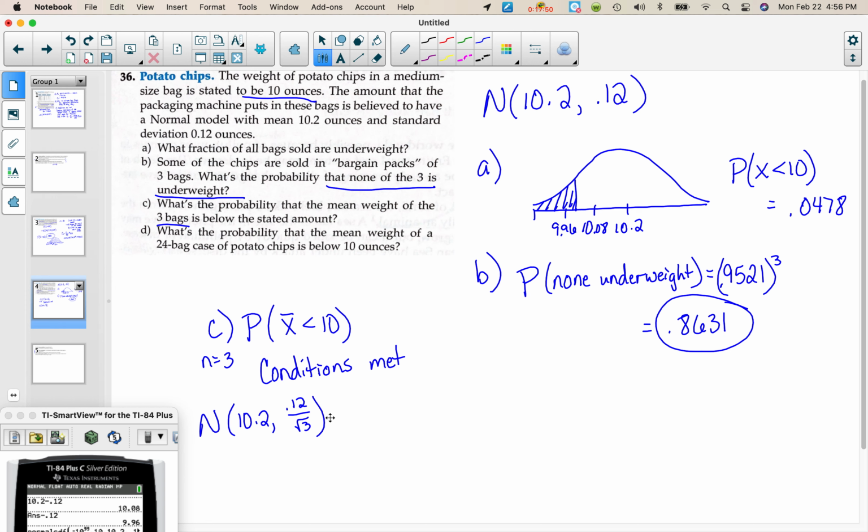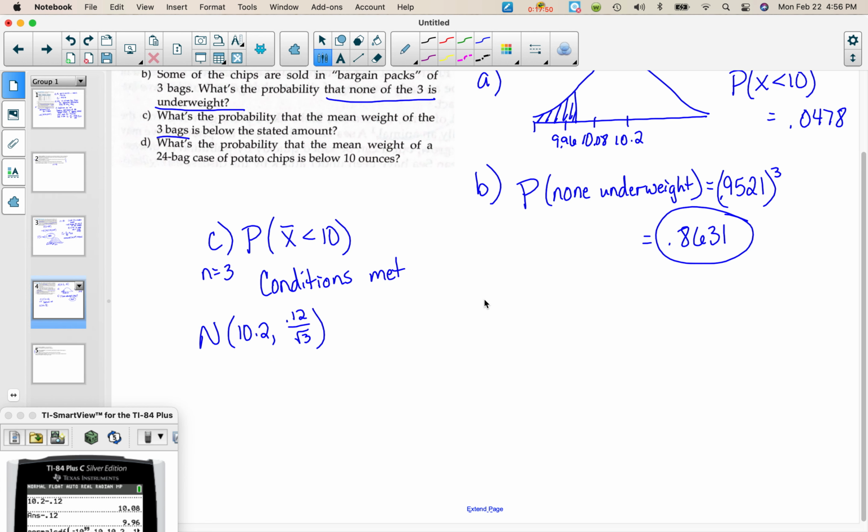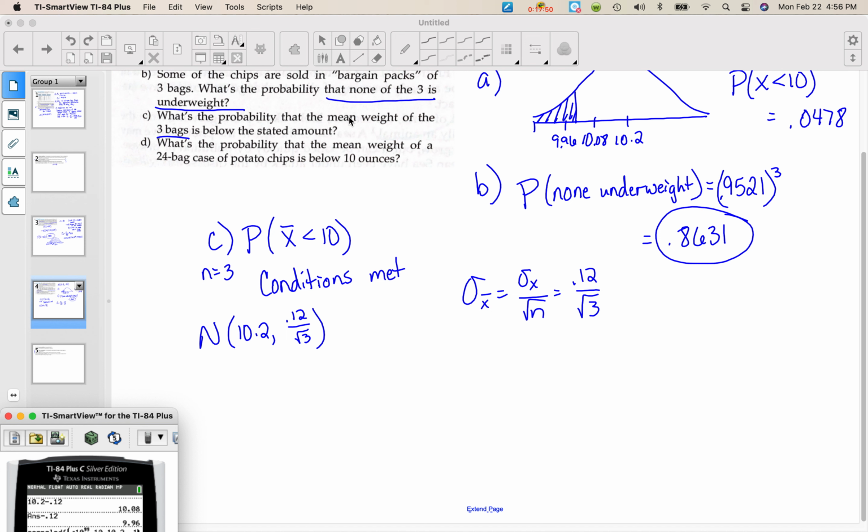You can write it like that. Remember that it's the standard deviation of the population divided by the square root of n. That's the formula I'm using. So that's why I had 0.12 over the square root of 3. And I want to know what's the probability the mean weight of the bags is below 10.